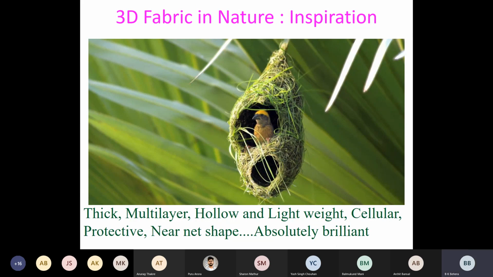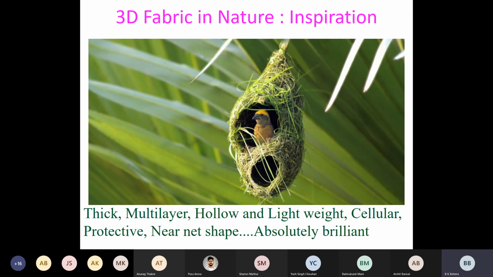So if you look at what we are looking at today in a 3D fabric, the characteristics are mentioned below: thick, multi-layer, hollow, lightweight, cellular, protective, near net shape, and definitely this construction is absolutely brilliant.